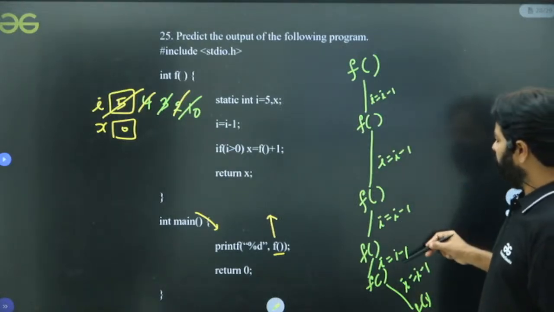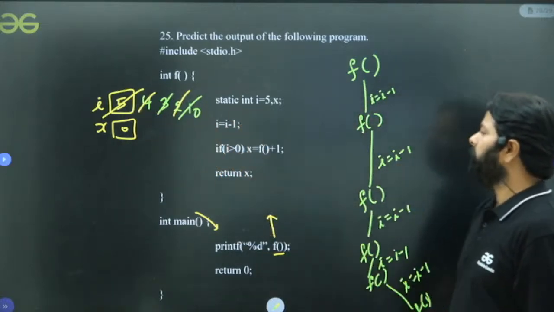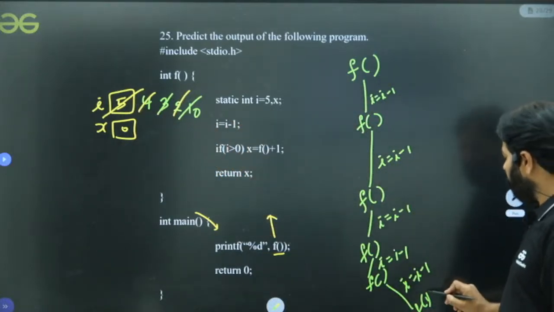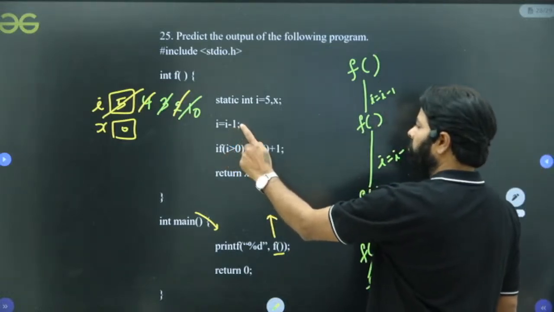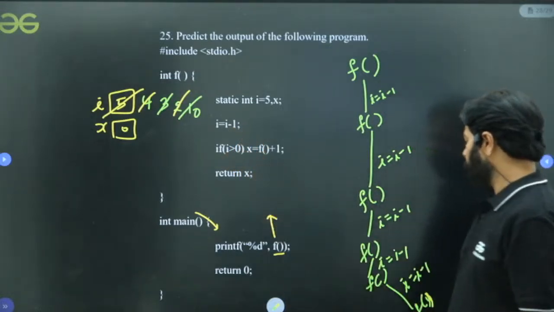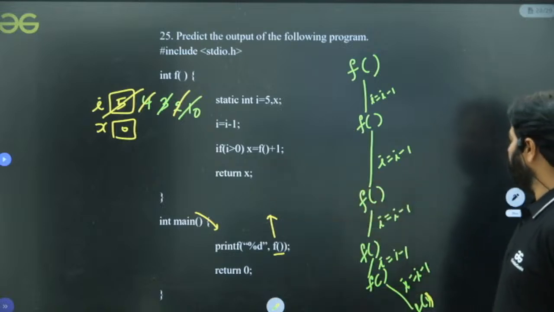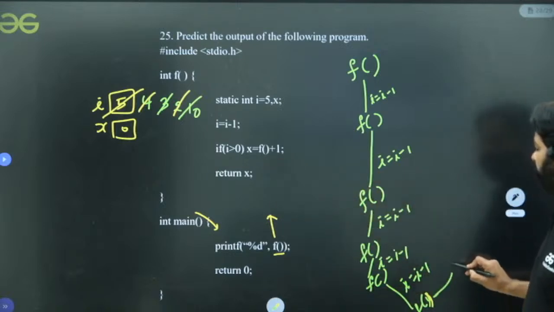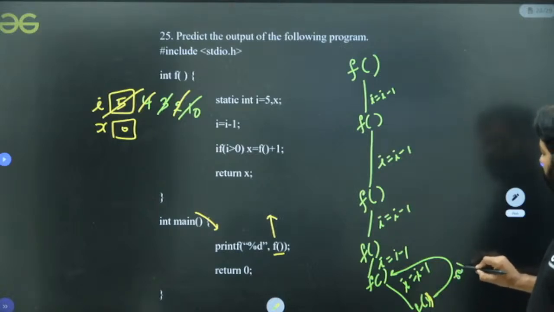This time you can see 1, 2, 3, 4, 5. Decremented 5 times. At this time when you call f, i becomes 0 and this will fail. What will return to here? x. What is the x value the first time? 0.